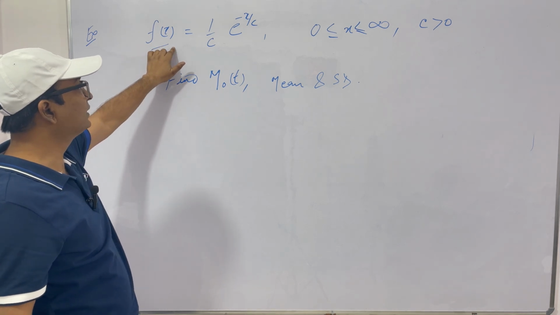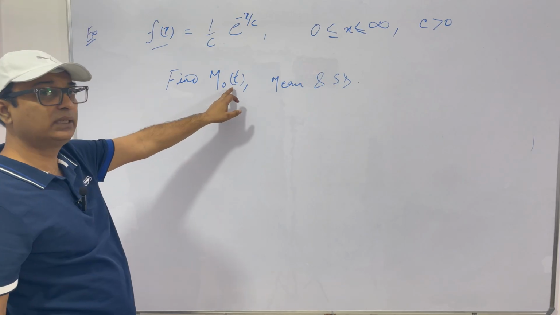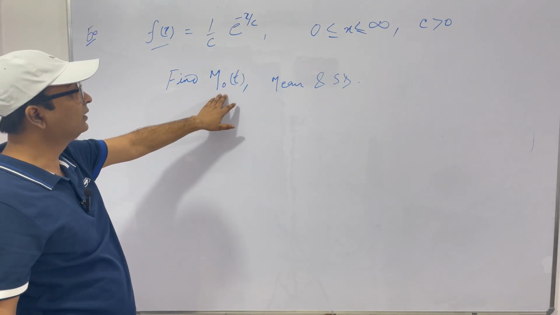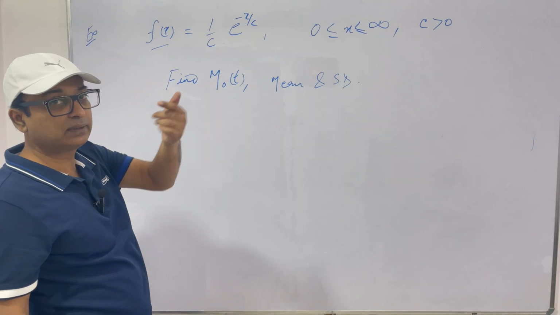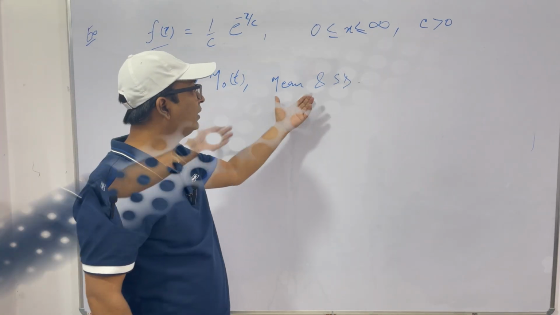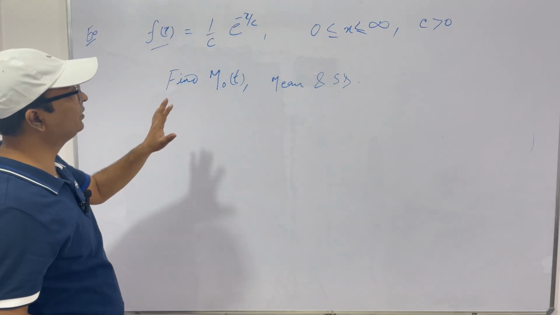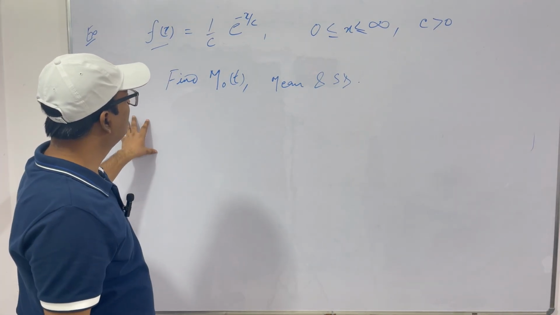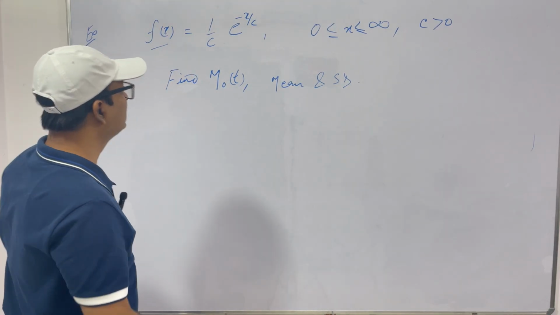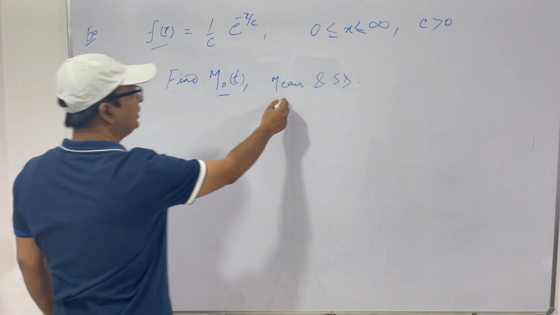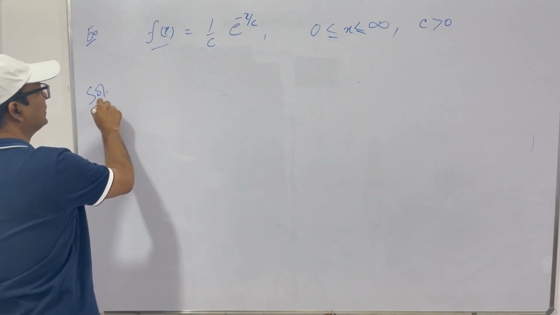You will be given a function of x, and you will have to find m0t, the moment generating function at origin, or find mat at some given value a, and also find mean, standard deviation, and variance. The question pattern is very fixed, and for any function you can apply the same rule. So we have to find m02, mean, and sd. Let's see how. Very simple.